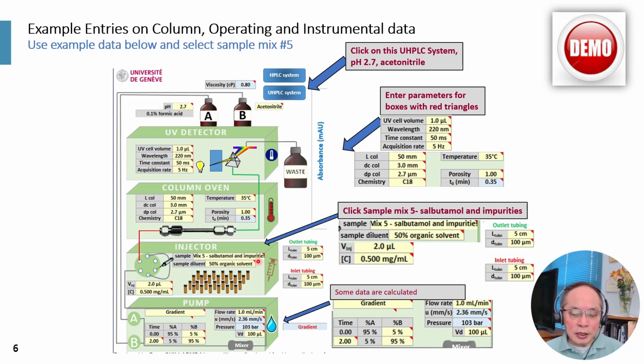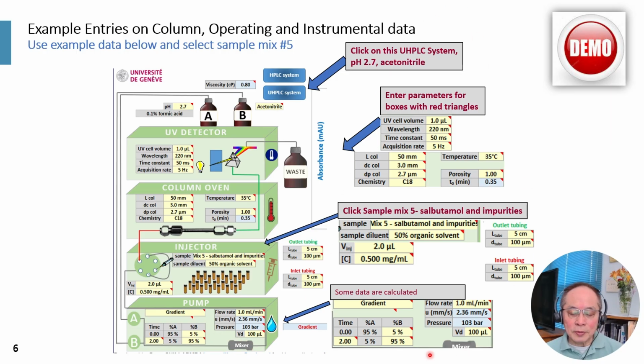And here you would click mixture number 5, which is salbutamol drug and its impurity. And also sample diluent, and here I say 50% organic solvent. Finally, the gradient. This is going to be really important. Gradient time is the most prominent control of analysis time and also of peak capacity.